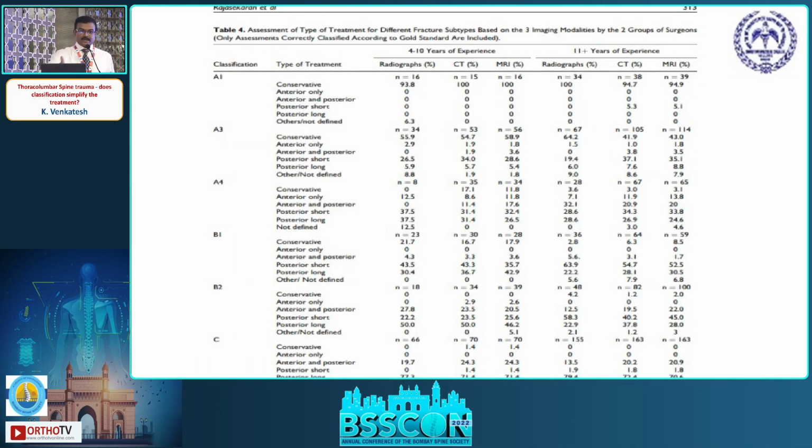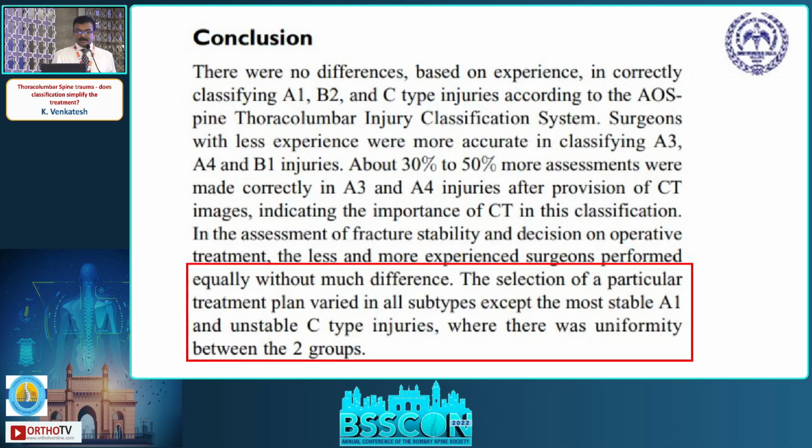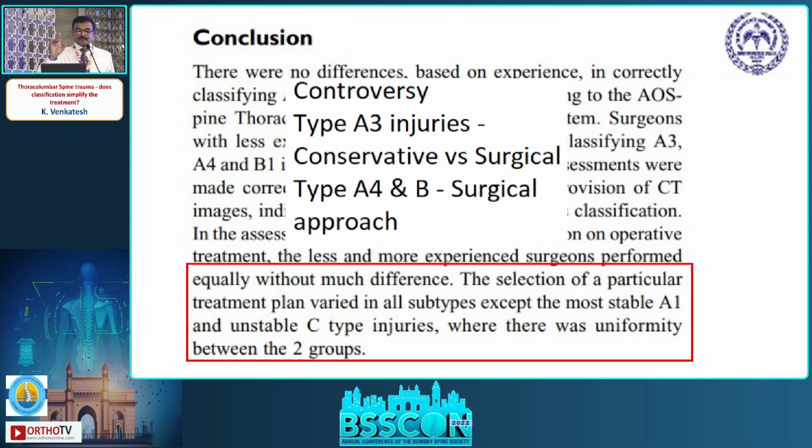If you go through this, you will say not only whether to operate, but what surgery to do is also a problem. To put it short, the selection of a particular treatment plan was accepted only for A1 and C injuries. For A3, there was a problem between conservative or surgical, and for A4, the surgical approaches had a problem.